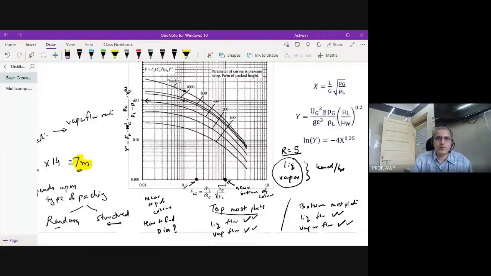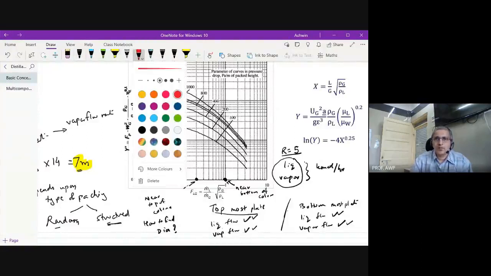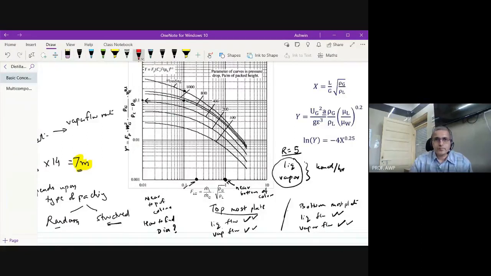So let's say near the bottom of the column, I want my y-axis value to be, let's take another color now, I want my value to be, let's say, here. So what is the value? Go to here. This value is 0.02. 0.01, 0.02, 0.03.